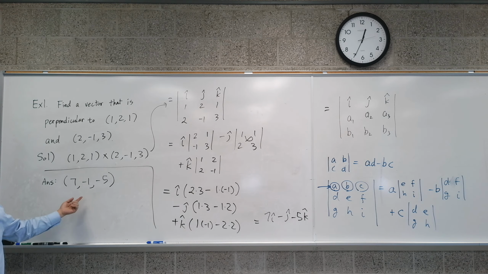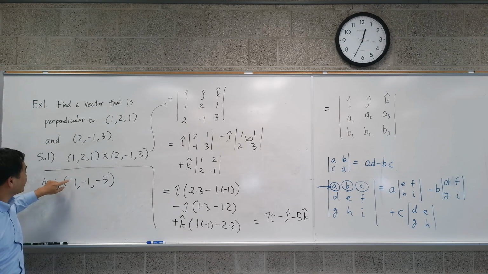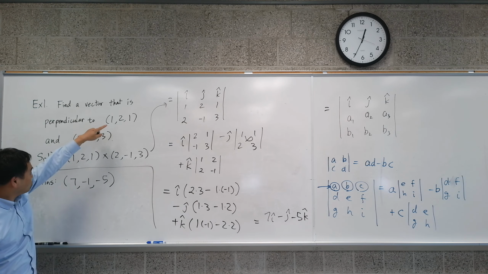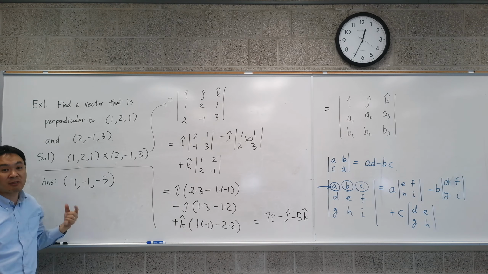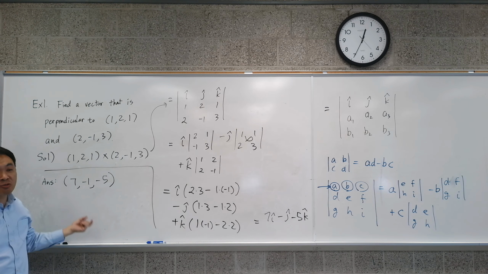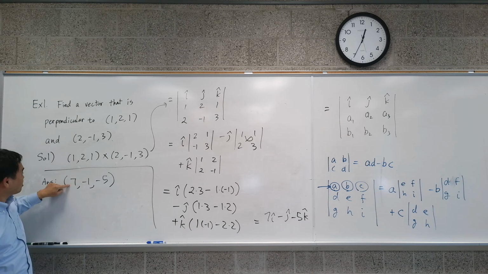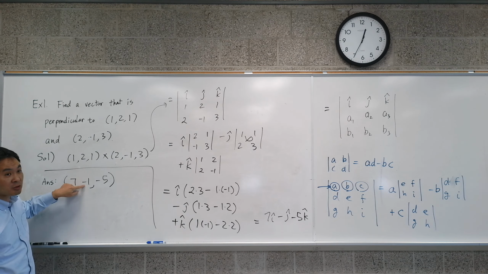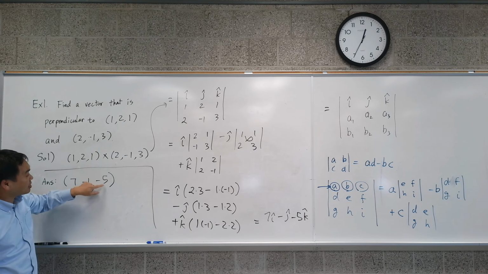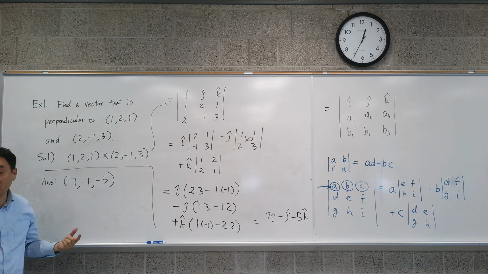Well, you can check by dot products. Do a dot with this one with this one. What's the dot product? It's 1 times 7, 2 times -1, 1 times -5. If you add them up, that's 7 minus 2 minus 5, which is 0. Okay? And do a dot product between these two. What do you get? 2 times 7 is 14. -1 times -1 is +1. So 14 plus 1 is 15. And then 3 times -5 is -15. 15 plus -15, you get 0.